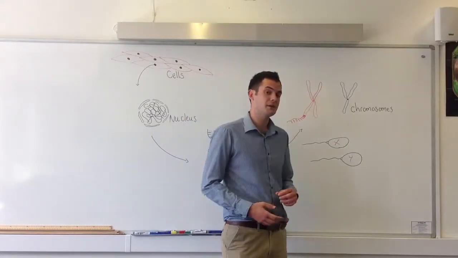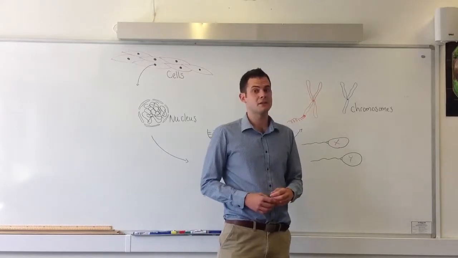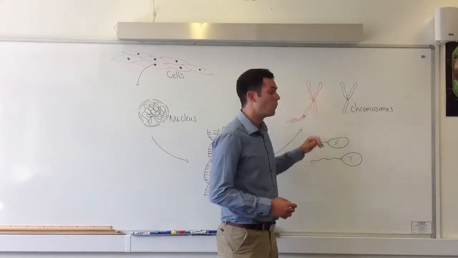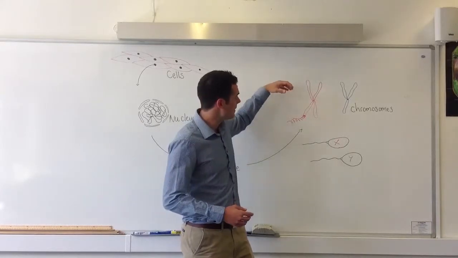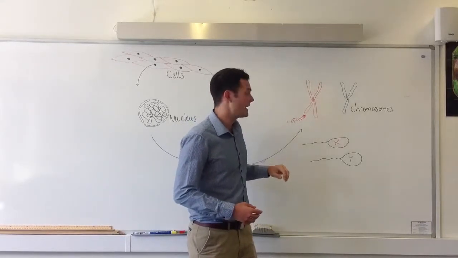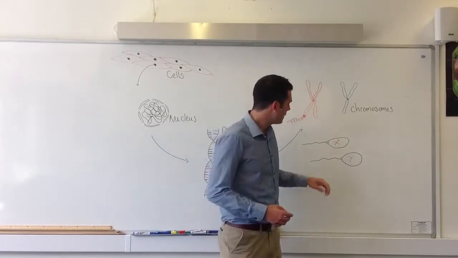During sexual reproduction, our sex cells, or gametes, will only have one of the chromosomes from the pair. So we can see here we have the maternal X chromosome and the paternal Y chromosome.